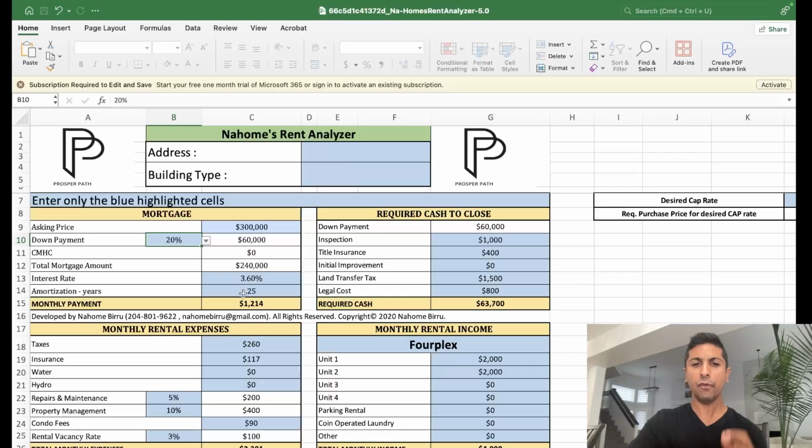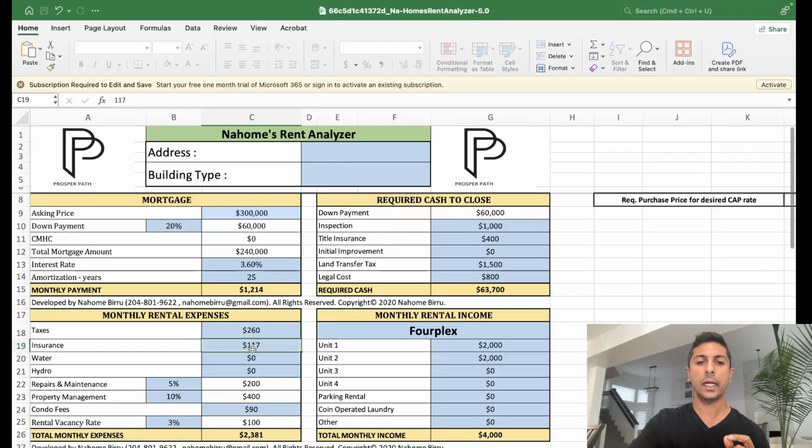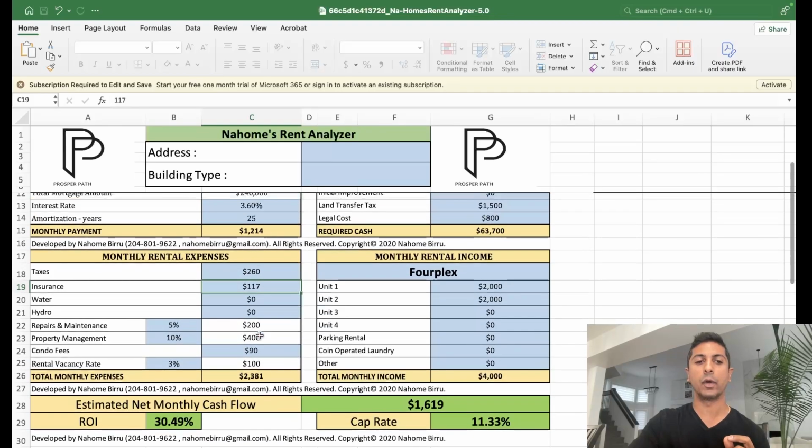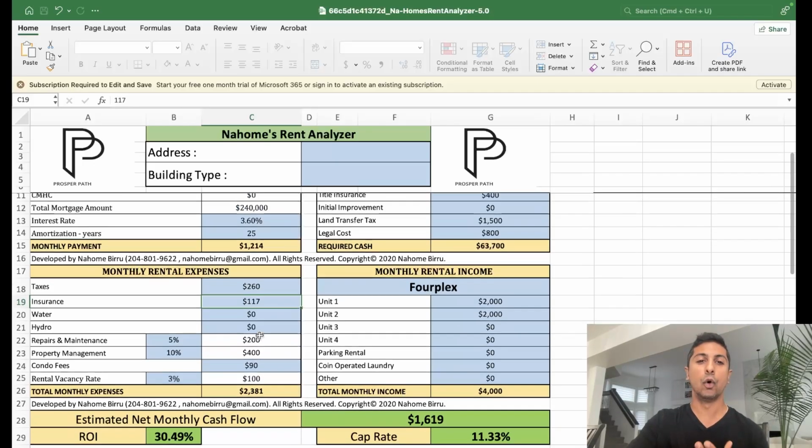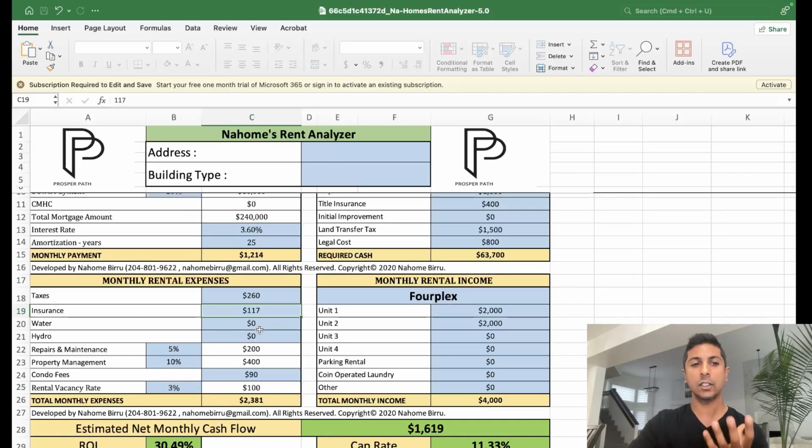Now, the first thing I want to figure out when I look at a property is what my return is going to be. What's my return on my investment? I'm going to get into how you figure that out. This deal is a duplex, and I'll get into that a little later. In this example, we need to figure out what our monthly property taxes are.